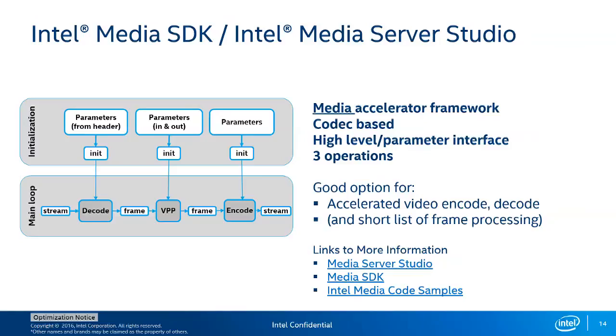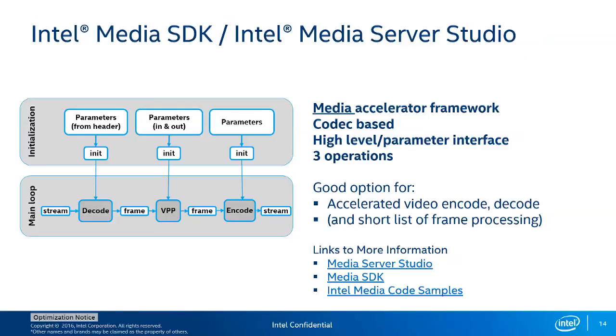So Media SDK is a high-level framework. The programming model is that you're just providing parameters for initialization, and you're basically setting up three types of operations. Media SDK just does three things.